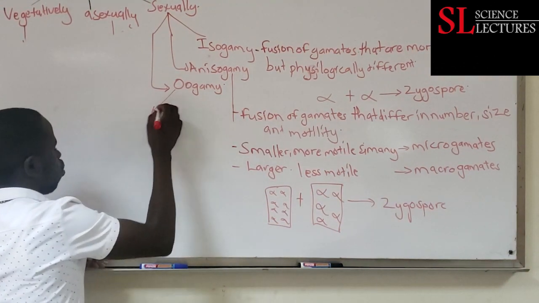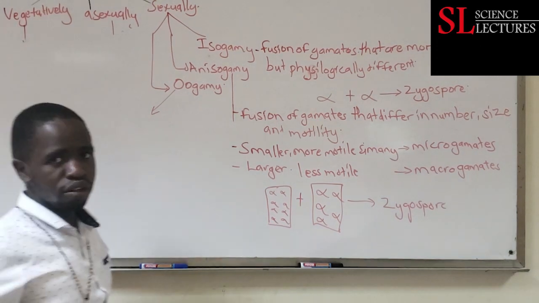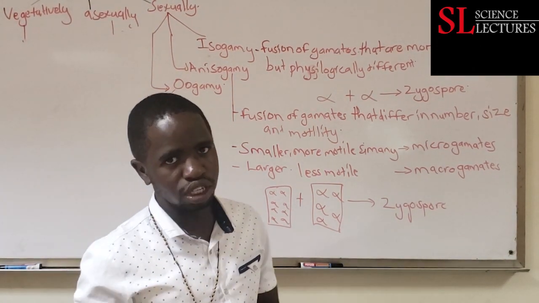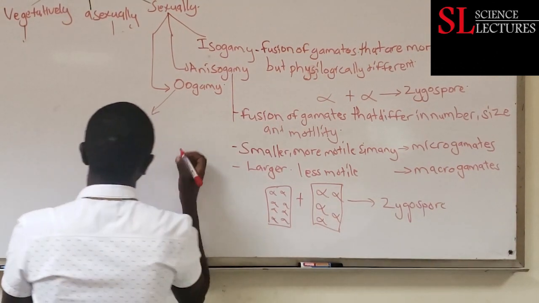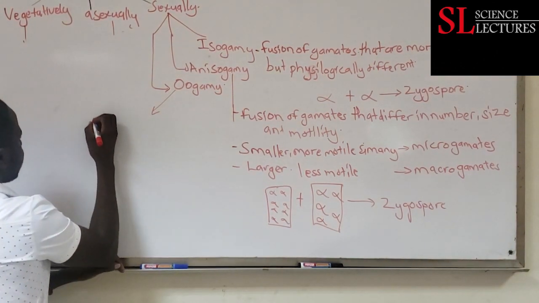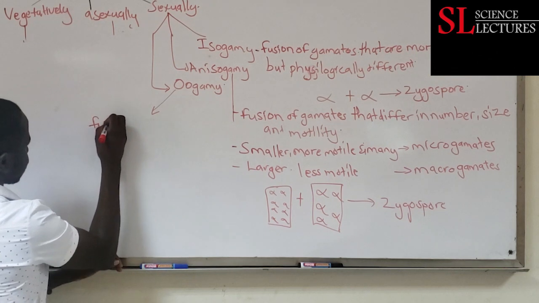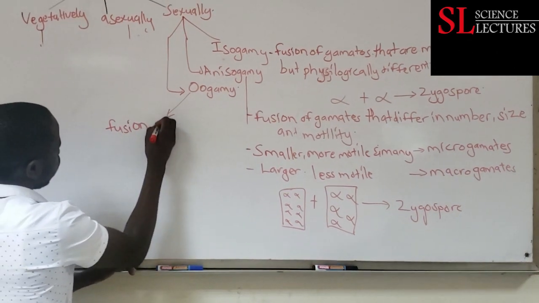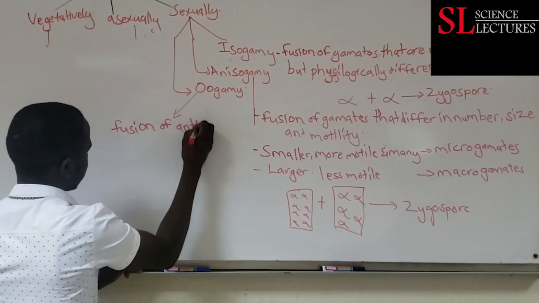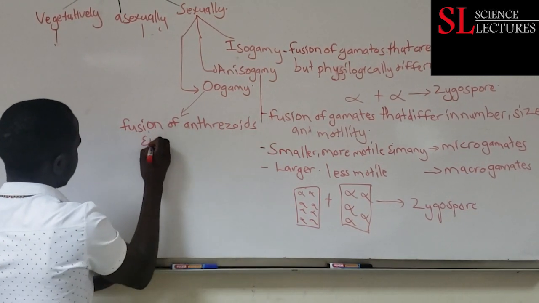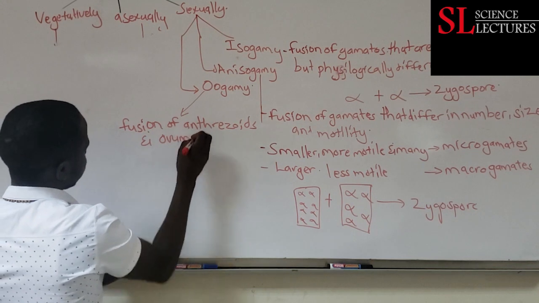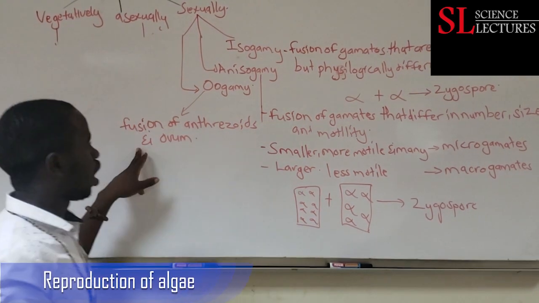Now we move to oogamy. Oogamy is the most advanced form of reproduction in algae. Under oogamy, we shall have fusion of antherozoids and the ovum. Fusion of both the antherozoids and the ovum.